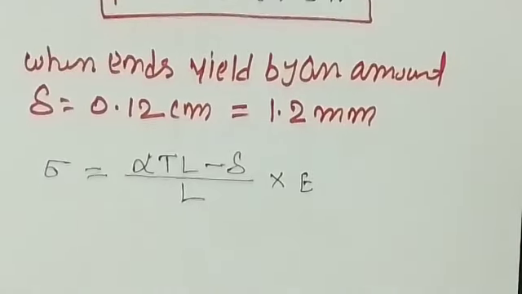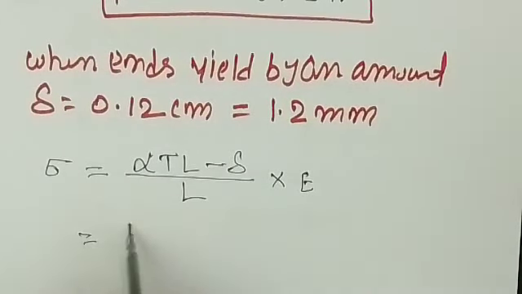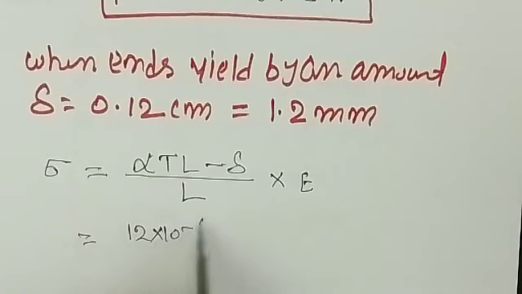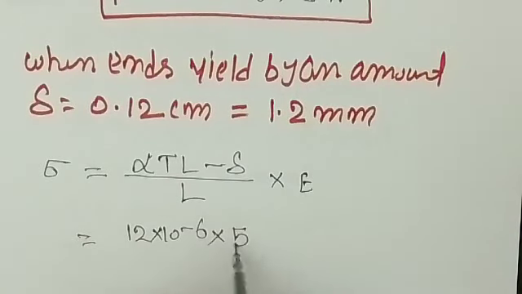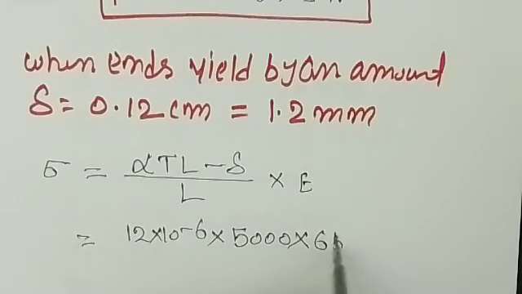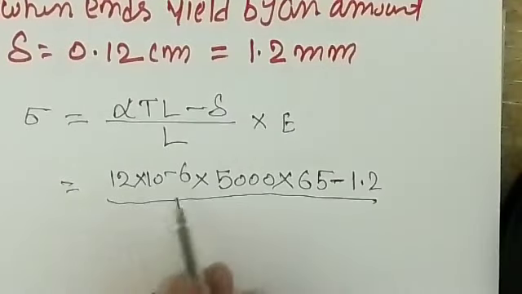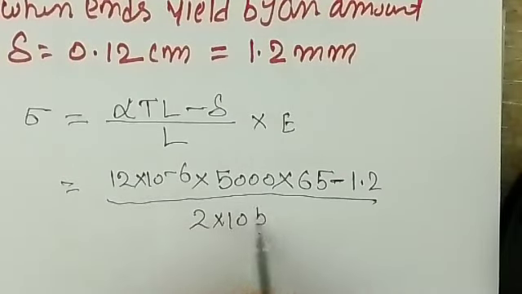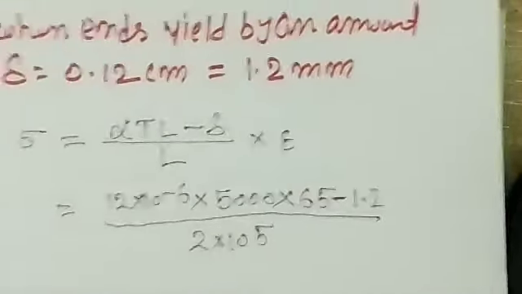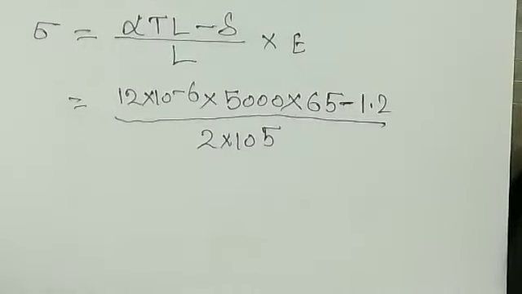Put the values: alpha is 12 into 10 to the power of minus 6, L is 5000, temperature is 65, minus 1.2, by L, into Young's modulus 2 into 10 to the power of 5. When you calculate this value, you will get the answer.